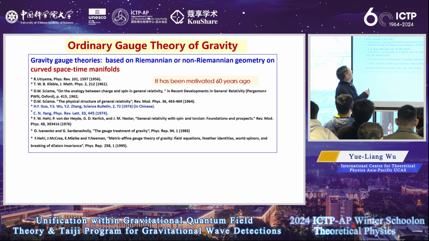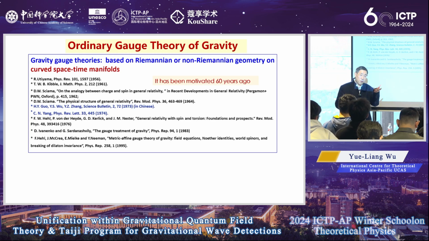This goes back to early years, from Utiyama, 1956. So there are a lot of studies about the gauge theory of gravity. But most of these discussions are still based on curved space-time.